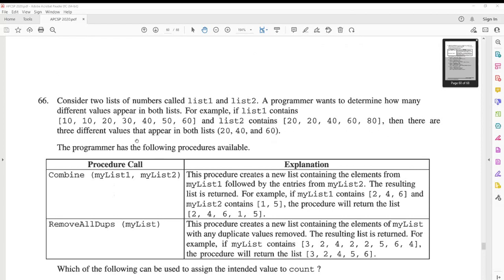There are 3 different values appearing in both lists. So you want the 2, 4, 6 that show up in both.